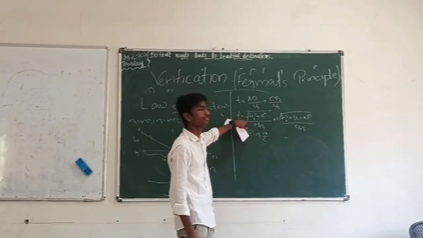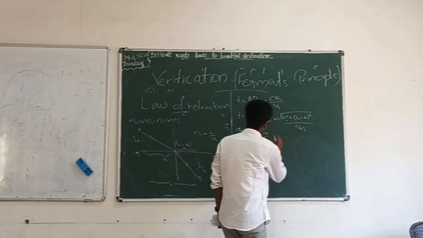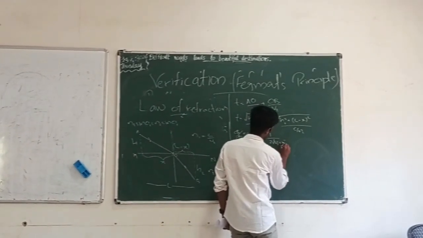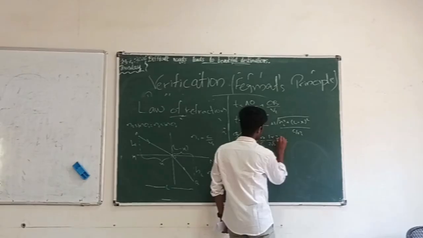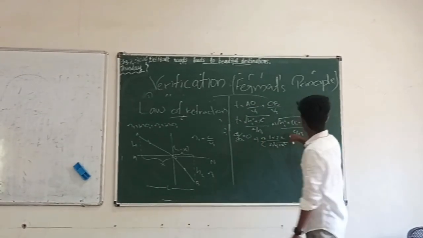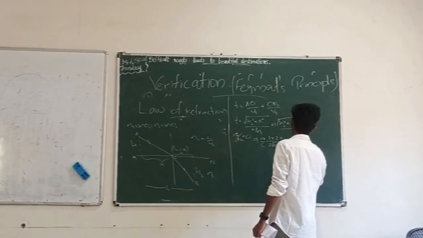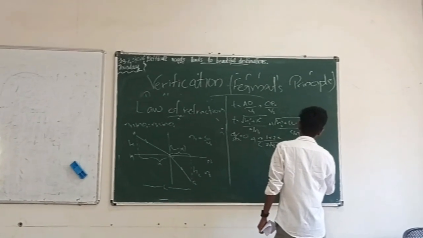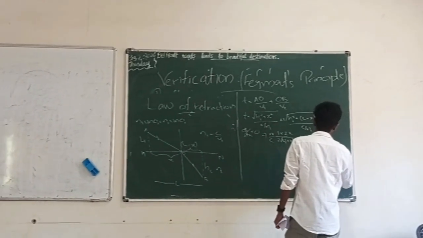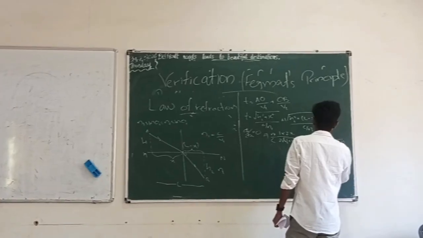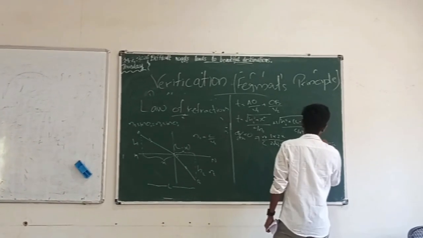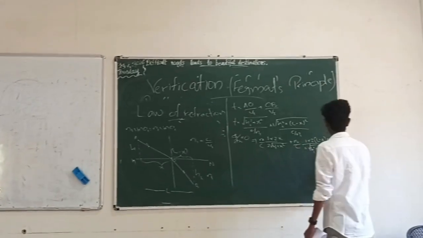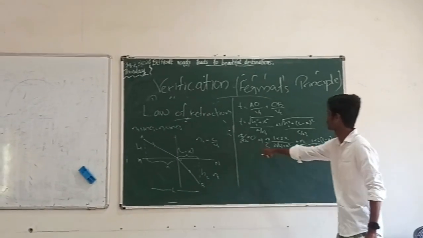What is the derivative of root x? 1 by 2 root x. Derivative of this term will be n2 by c, 1 by 2 root of h2 square plus L minus x whole square, into the derivative of L minus x, which is minus 1. Clear? Equal to 0.